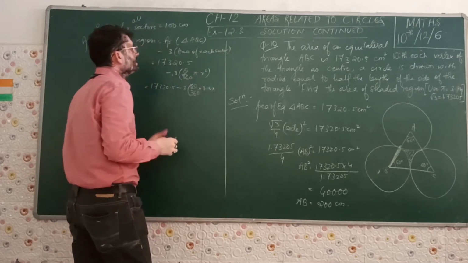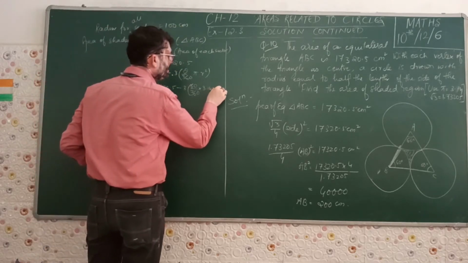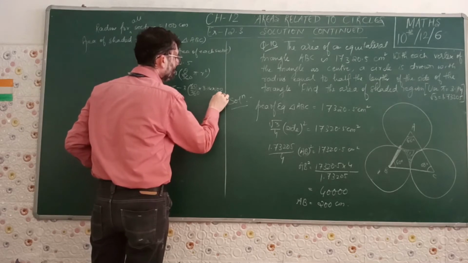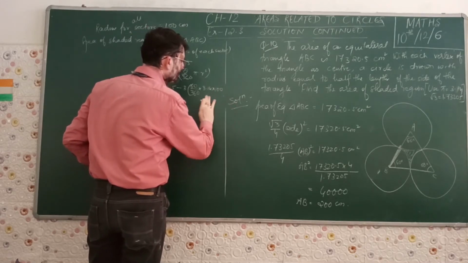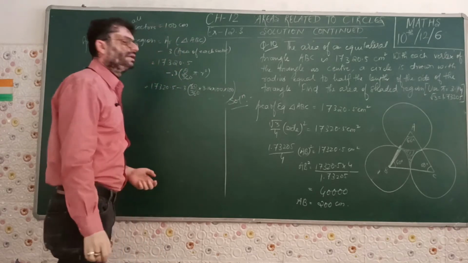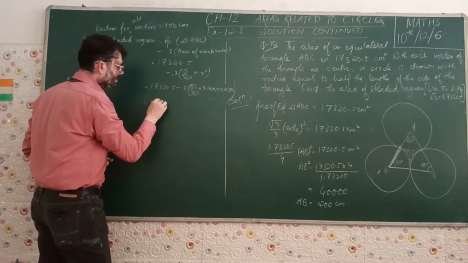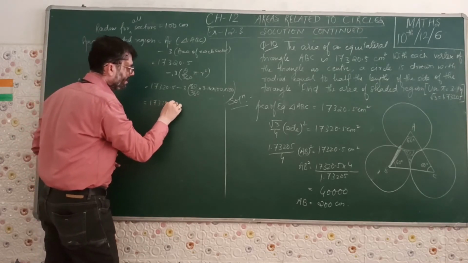3.14 into the radius that we have got for each sector, which is 100. So this will be 100 into 100. Let's do this, we can write it straight. 100 into 100. Now we'll solve it. This is 17320.5.